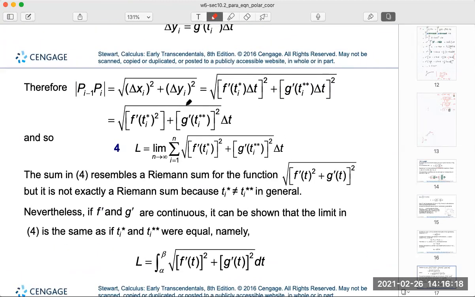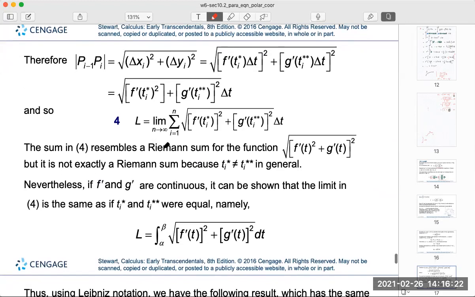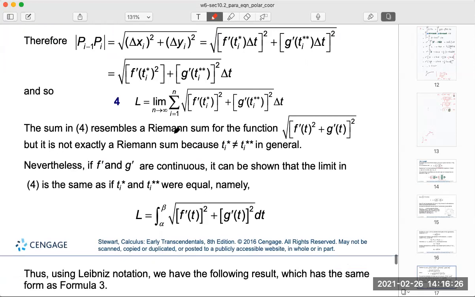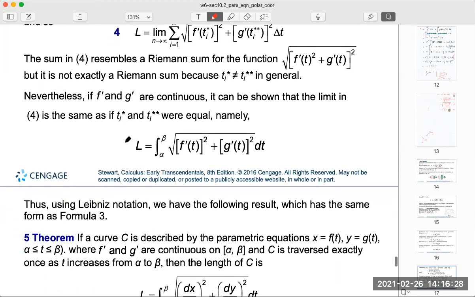yeah, so do some algebra, read it yourself. The limit has a similar meaning to our Riemann sum. In short, we do some algebra. We have this formula to compute the arc length of the curves here.